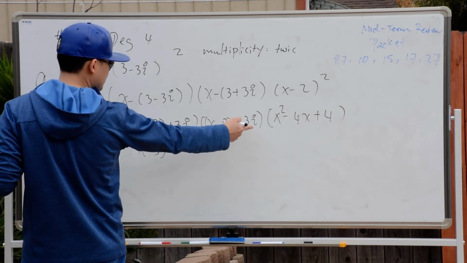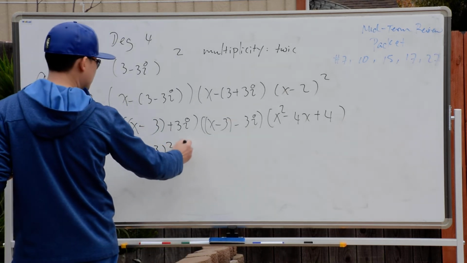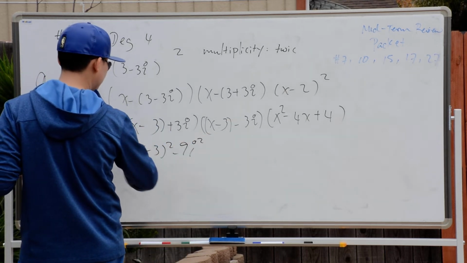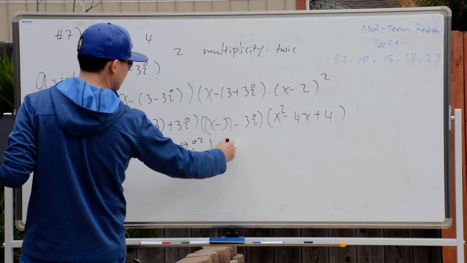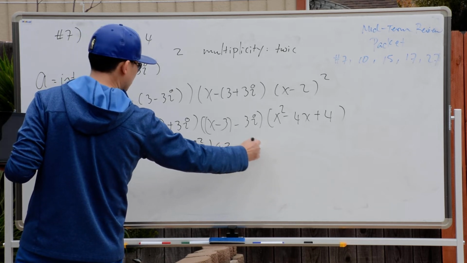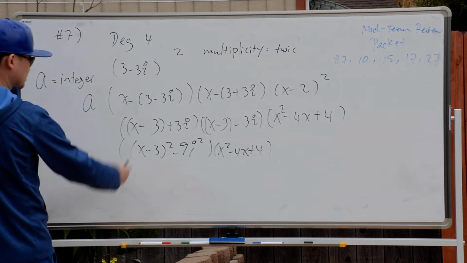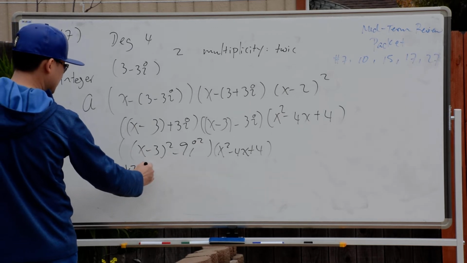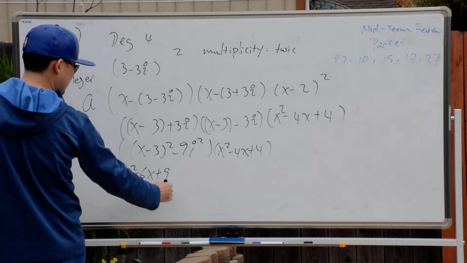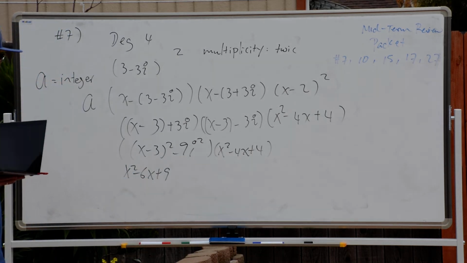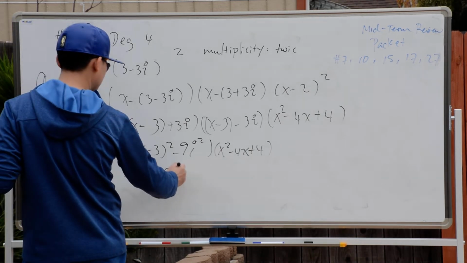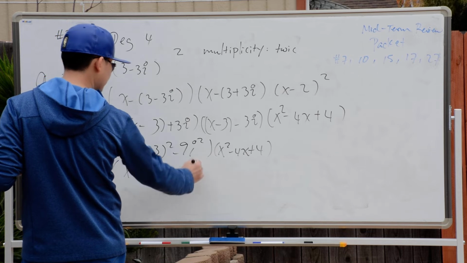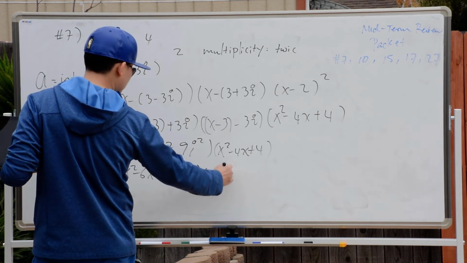So 3i times negative 3i, that'll be negative 9i squared. And then the rest of this, you want to expand it. So x squared minus 6x plus 9. So negative 9i squared, that's plus 9. So plus 9. And then the rest of this, you want to multiply it out.